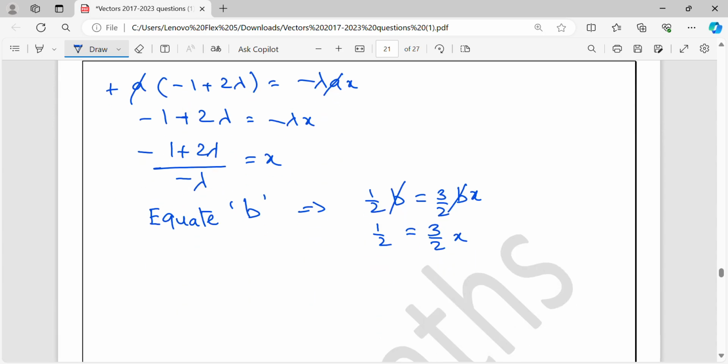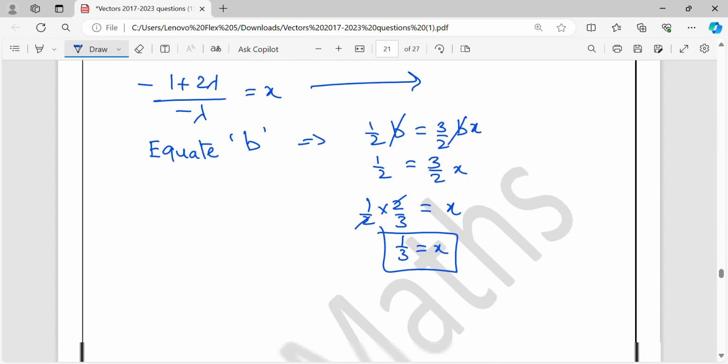I can find the value of x: 1/2 times 2/3 equals x. I can simplify it, and that is x equals 1/3. So this value of x I can substitute here to get lambda.